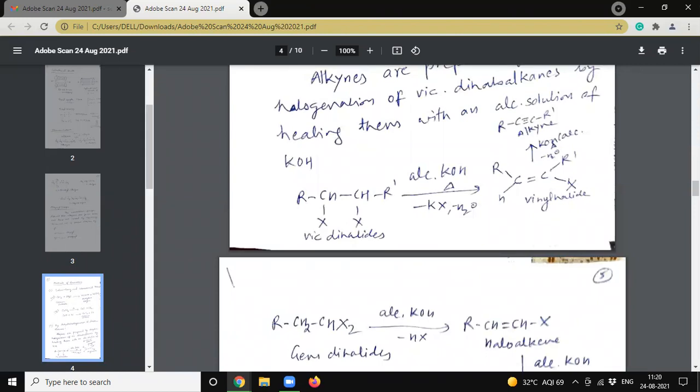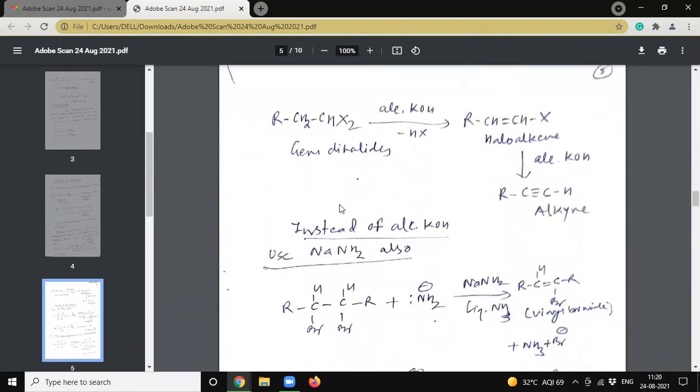See, vicinal dihalides, when treated with alcoholic KOH, will give us vinyl halide, and then on further treatment will give alkynes. Gem dihalides also give us alkynes. It is again treated with alcoholic KOH, and it will give alkynes in 2 steps.